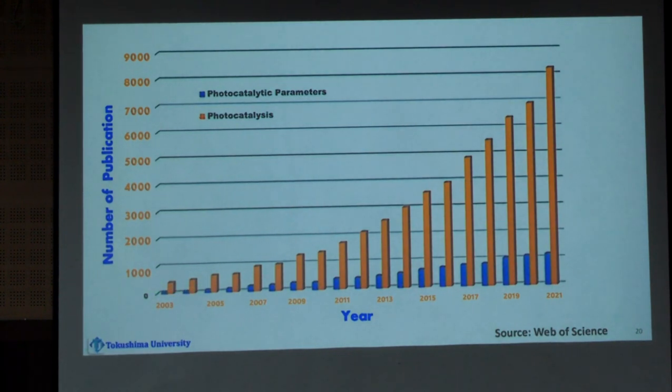There were less than 1,000 papers. But now, in 2021 and 2024, this number might reach more than 10,000. So you can see it was less than 1,000, even a few hundred, and now it has reached more than 10,000. So the number of researchers working on this topic is increasing.